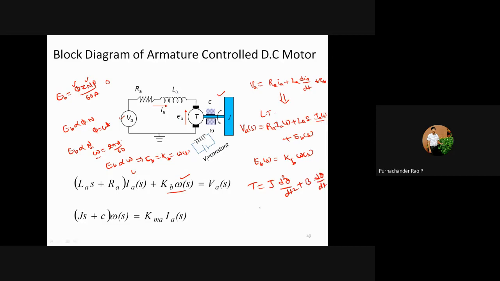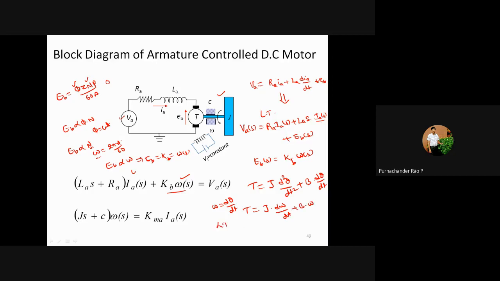And therefore, representing omega as d theta by dt, your torque equation is going to be J into d omega by dt plus B into omega.